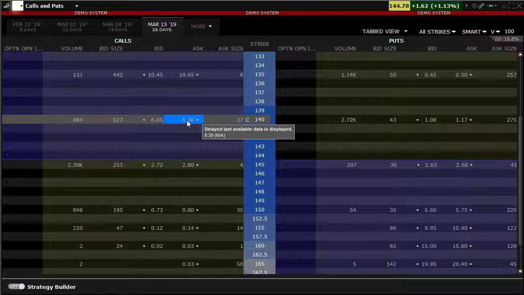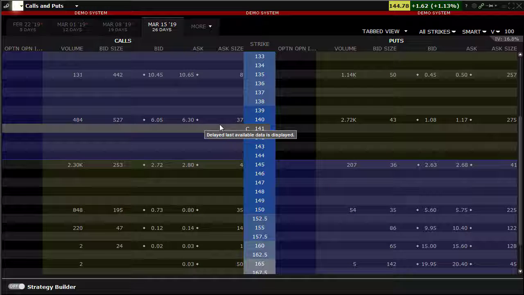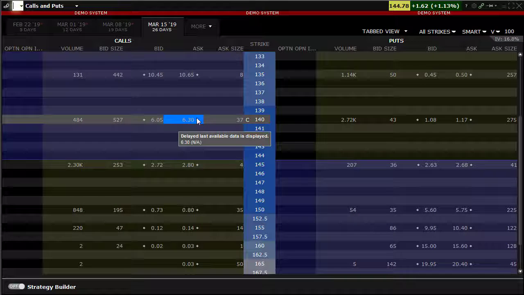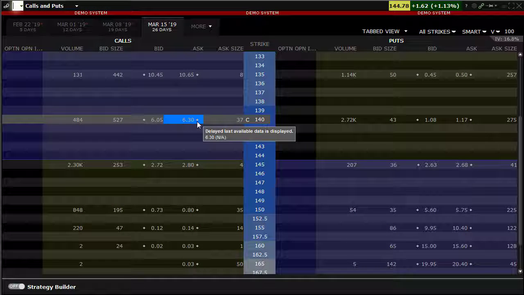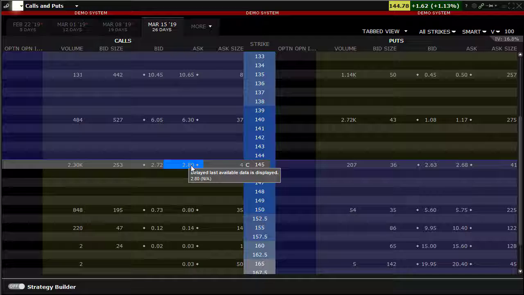But you can also control your risk, and this gets a little more complicated, it's kind of a higher level than a beginner subject. But you could, for example, buy the 140 call here, and then you could sell the 145.